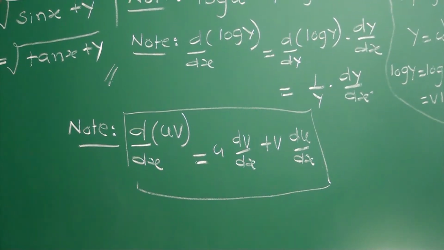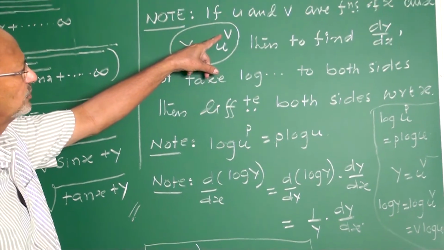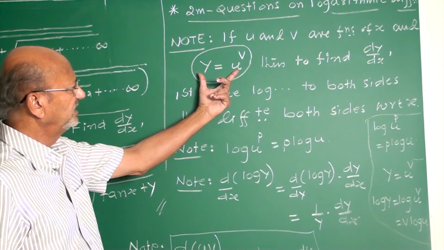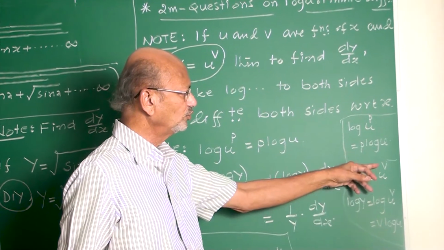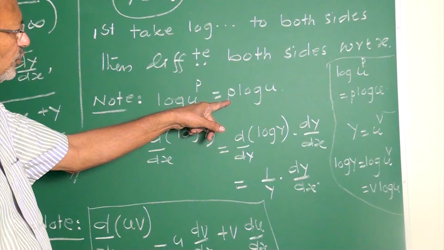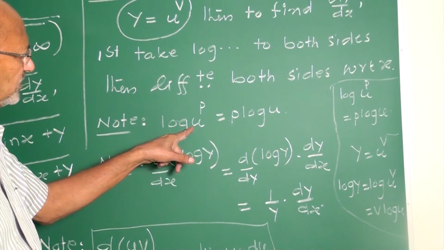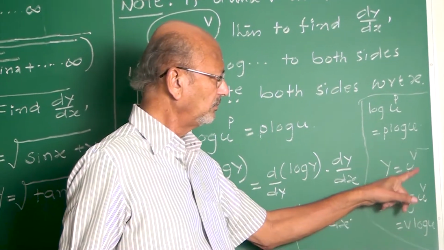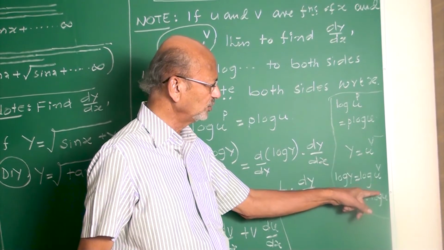So, while doing examples on logarithmic functions, there is one function to the power of another function. Take log to both sides. Log y equal to log u to the power p. Use this property: that power comes as a coefficient, p log u. Power into log of the base, log u.